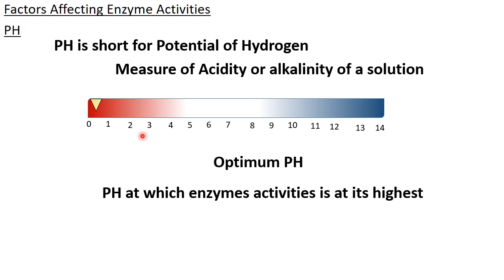There are some enzymes with an alkaline pH, like the enzymes in the duodenum. If you don't know what the duodenum is, you will very soon. So what we get from here is that different enzymes have different optimum pH, and if you change the pH, their activity will decrease.